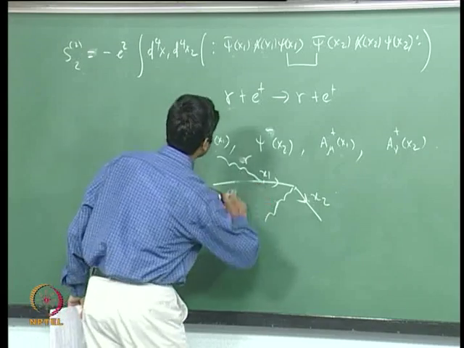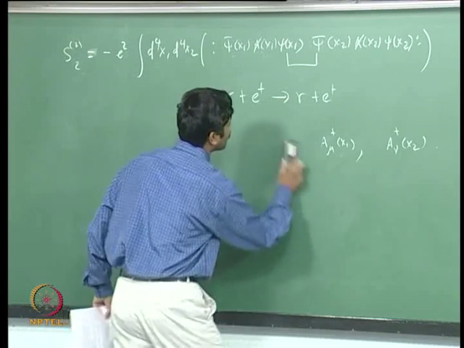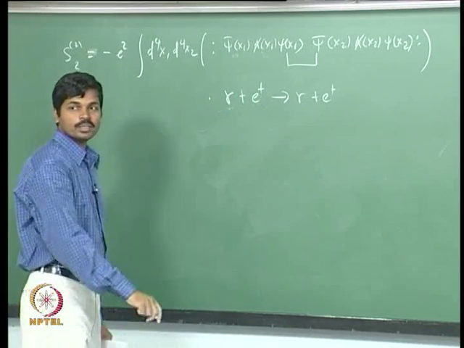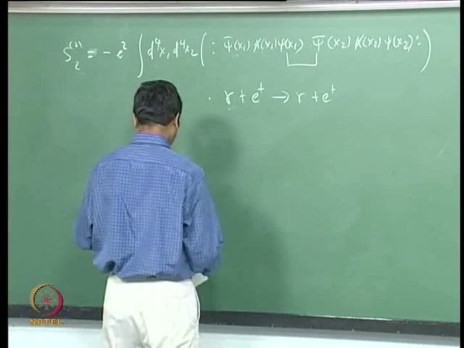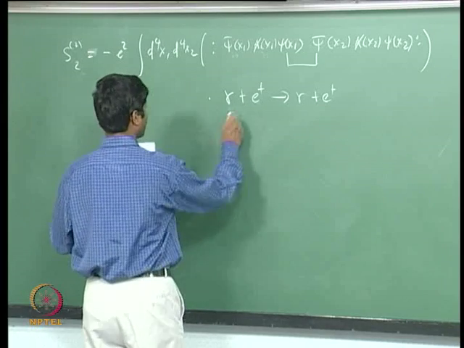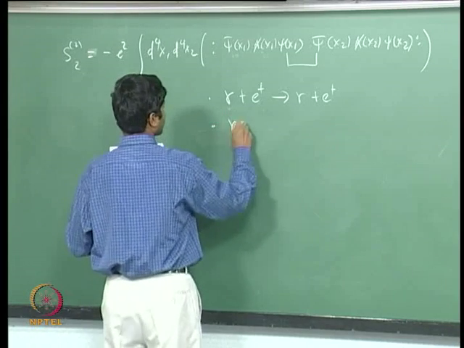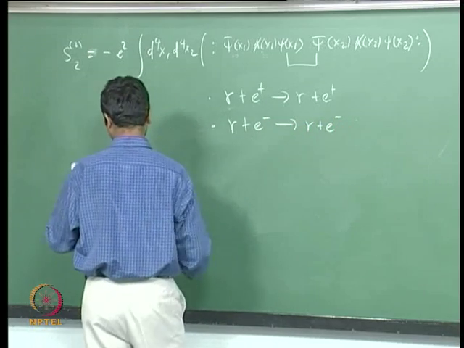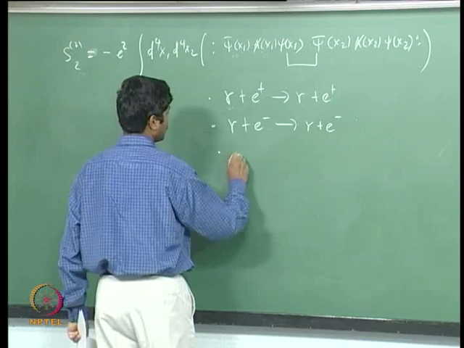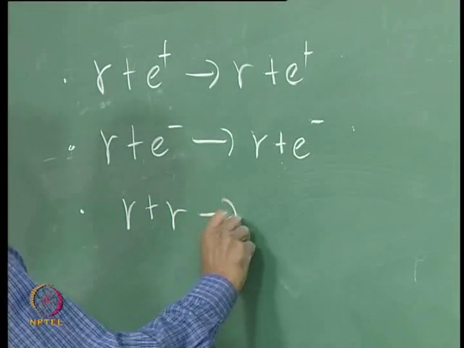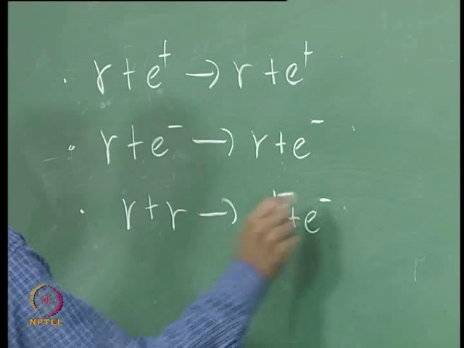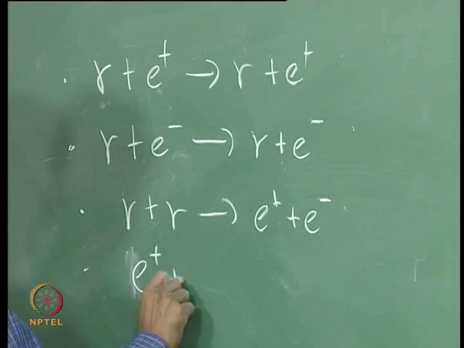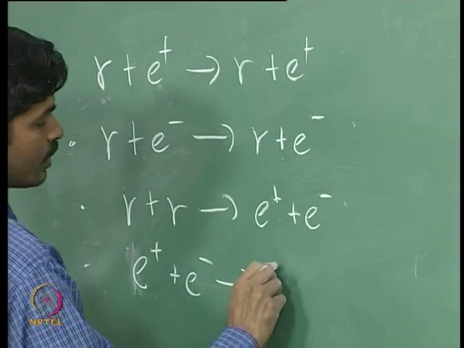There are other terms, so what I suggest is you look at all the terms, you write psi bar in terms of psi bar plus, psi bar minus, and so on, and these are the physical processes which will be described: gamma plus E minus going to gamma plus E minus, and it will also describe pair creation, gamma gamma going to E plus plus E minus, and pair annihilation, which is E plus plus E minus going to gamma gamma.